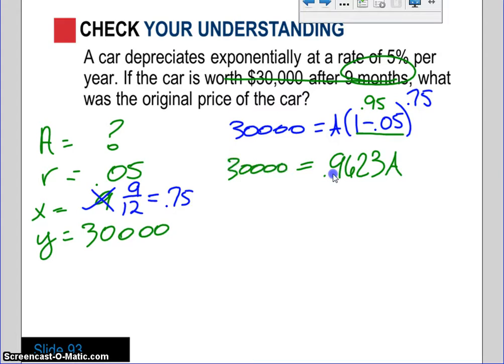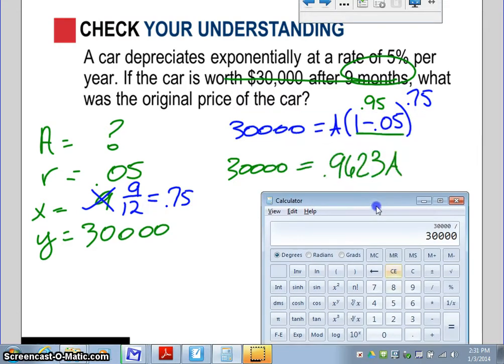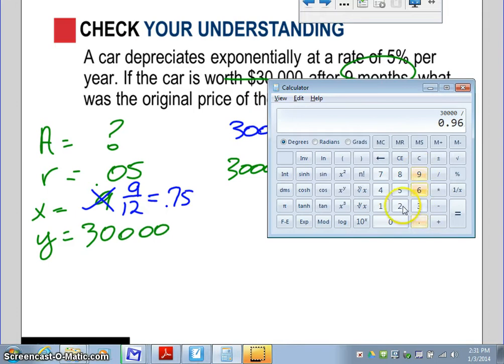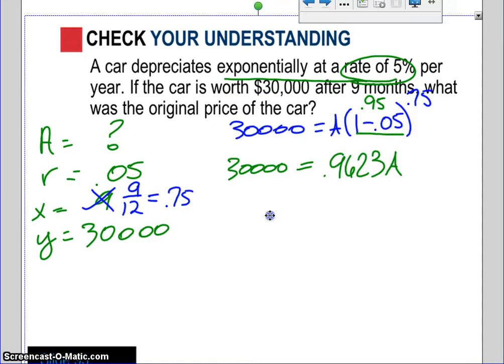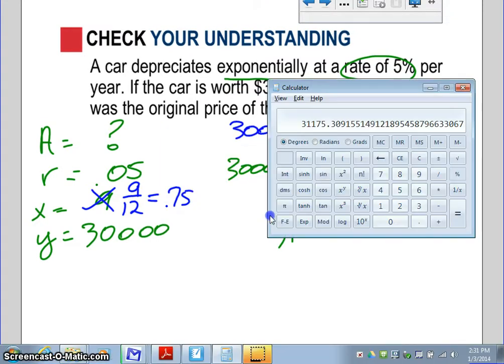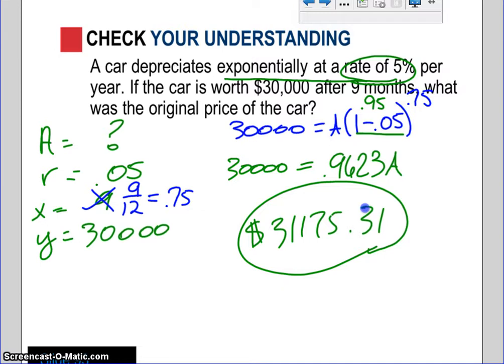Our last step, we take that 30,000 and divide it by the 0.9623, and we end up with $31,175.31. And that was the car's new value.